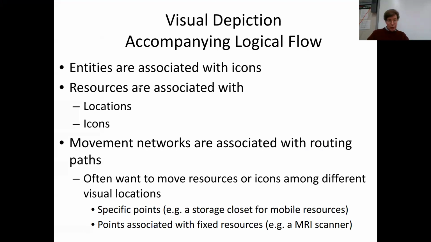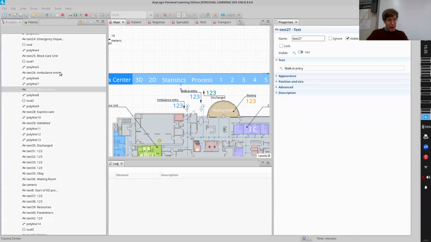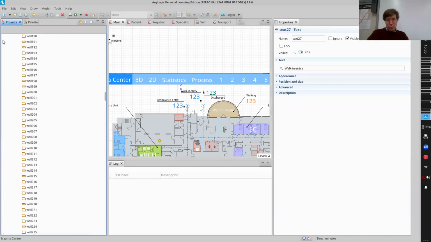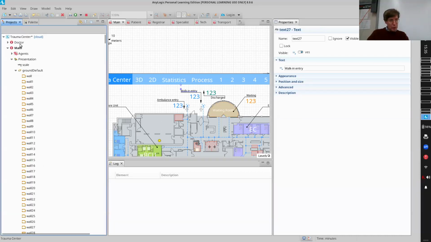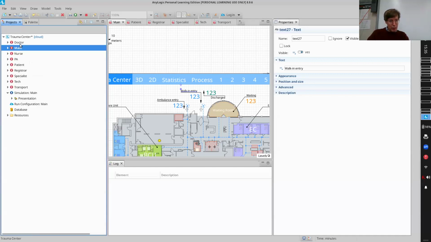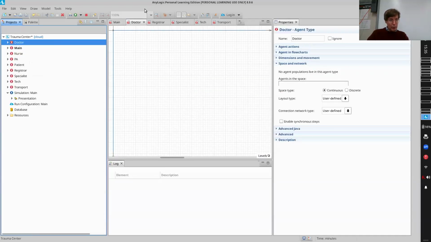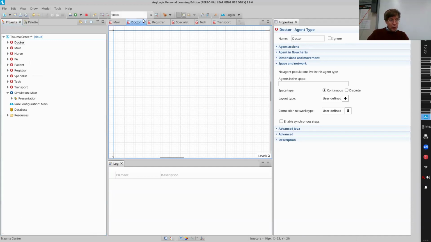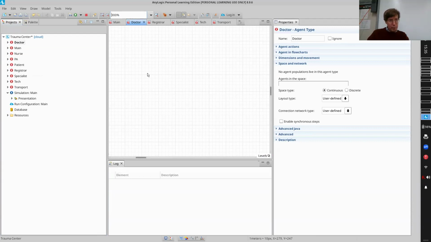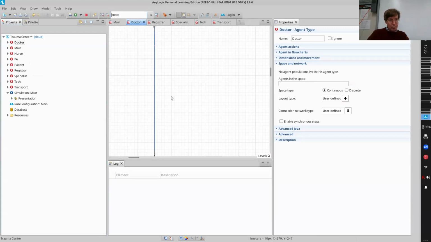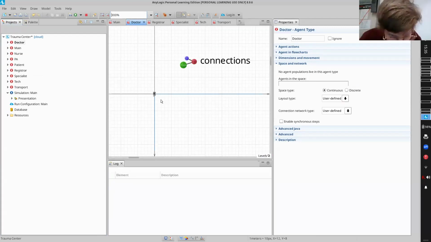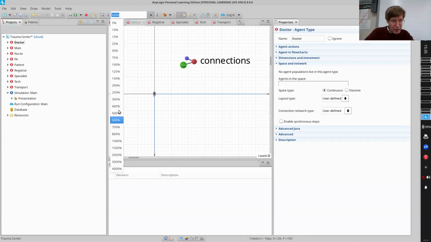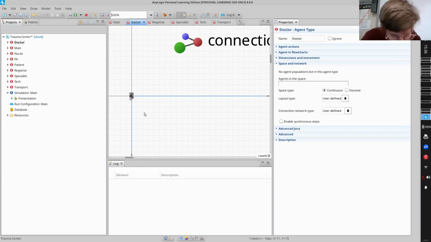So resources associated with locations, with icons. They have here types of resources, and over time, types of resources. There we go. And if you zoom in, you will find that somewhere here, there is a little doctor icon, which at this resolution does not seem to be terribly identifiable.